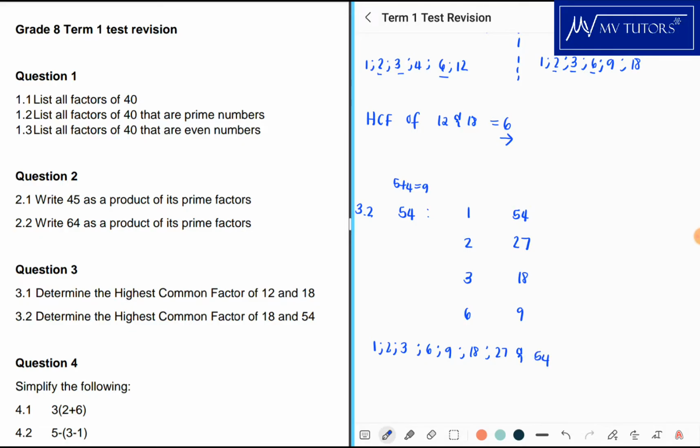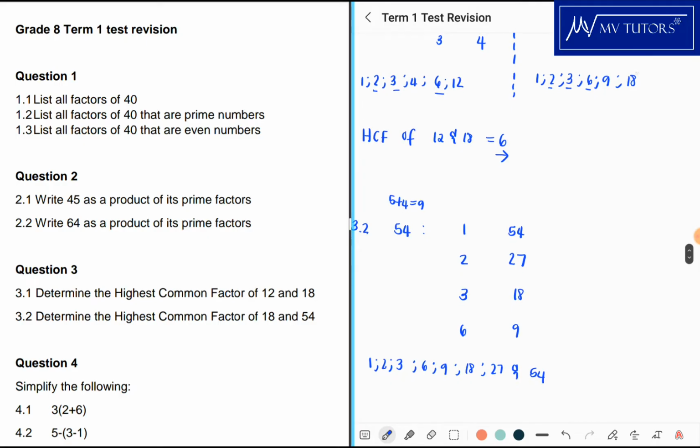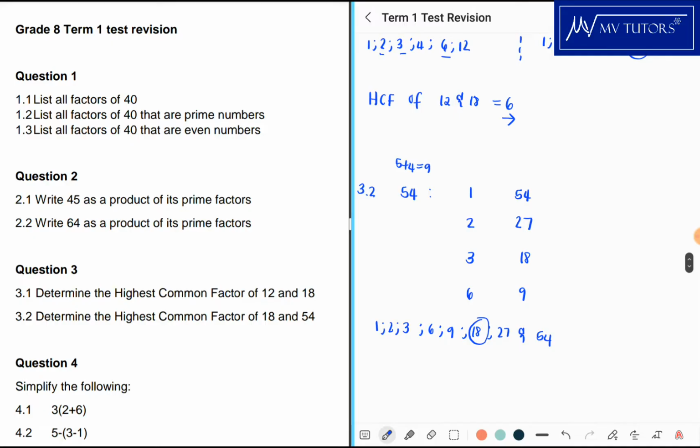Now, if I look at 18 as well as 54, I can see the highest common factor is 18. Therefore, the highest common factor is 18.